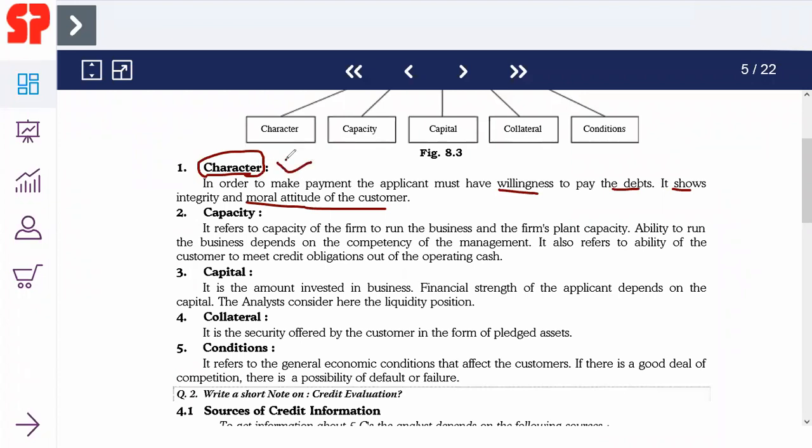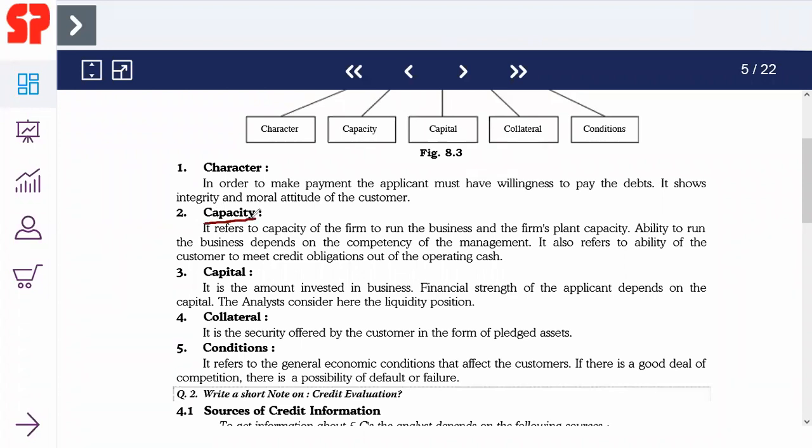First you should see the character of that person, whether he will pay the debt amount properly, and for that you should see the integrity and moral attitude of the customer. You will come to know this from his past approach. That's why a new customer who comes to your business, you will be initially reluctant to give him credit. Normally you give credit to your old and good customers. Then the second thing you should check is the capacity.